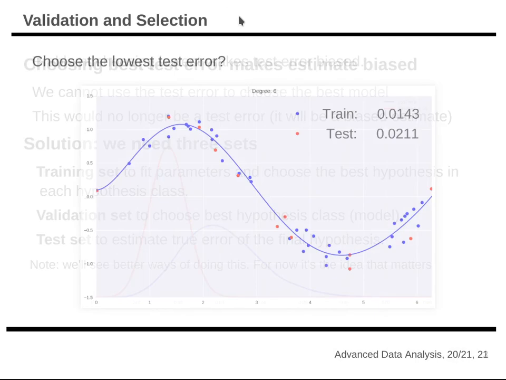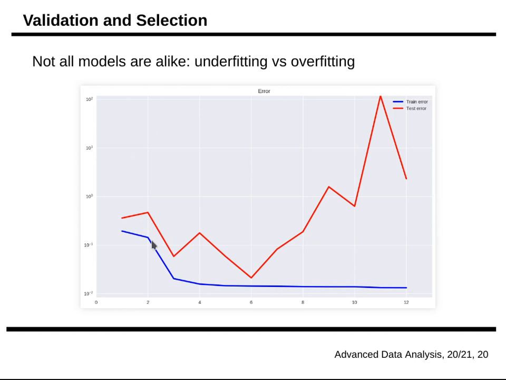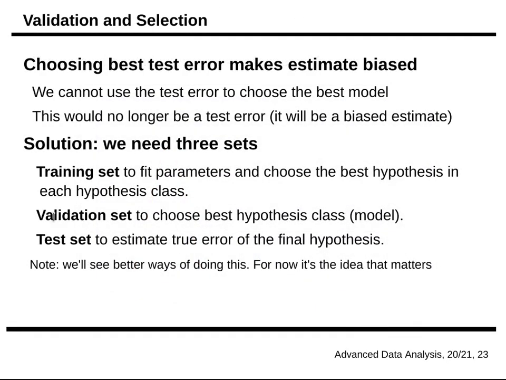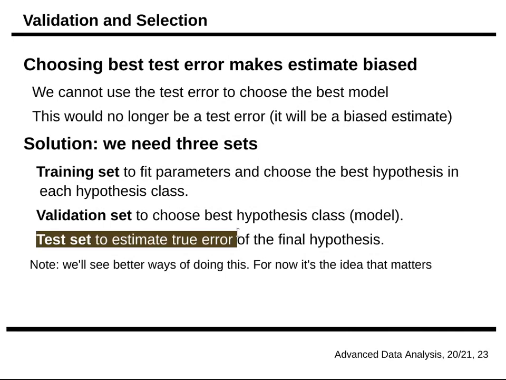If we do this with the validation set, each of these estimates is an unbiased estimate of the true error individually. But when we take this as a whole and pick the smallest one, this process of picking the smallest one makes everything biased towards underestimating the true error. So that's why we retain a test set that we do not use for any decision, and then we use that to estimate the true error of the final hypothesis.